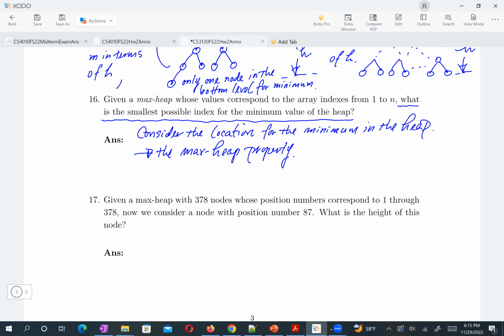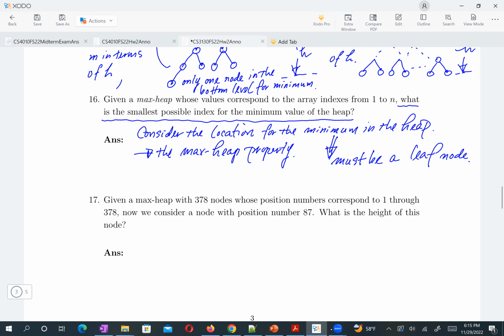Then we can say this minimum element must be a leaf node.